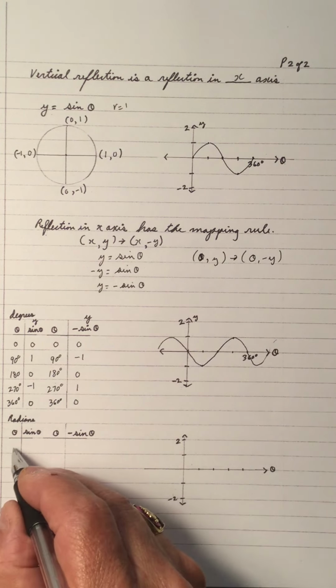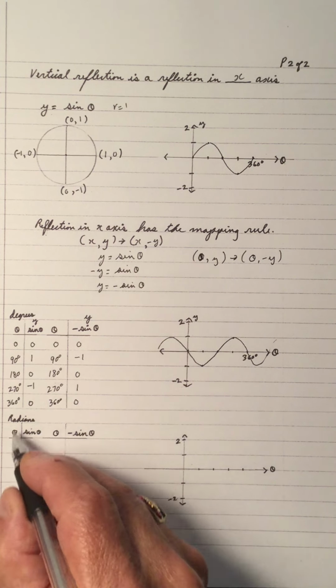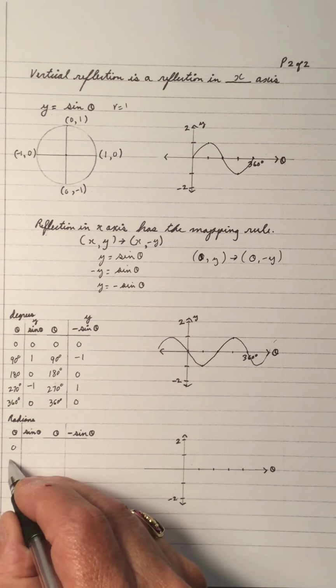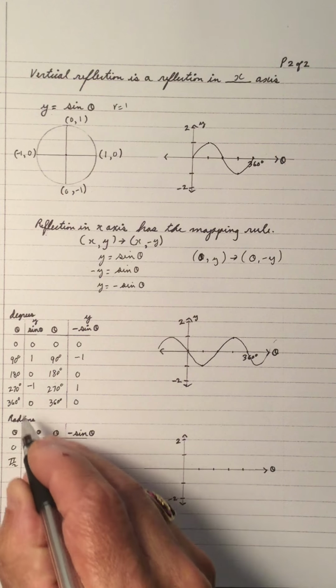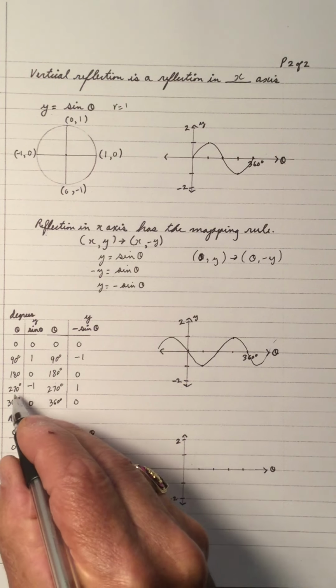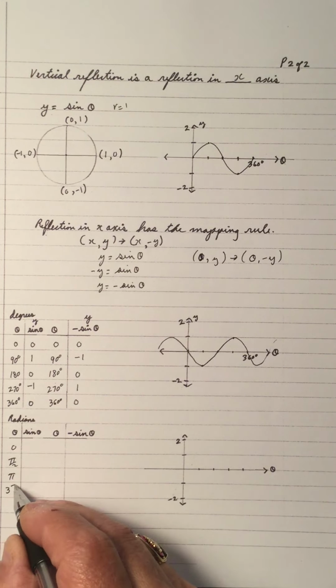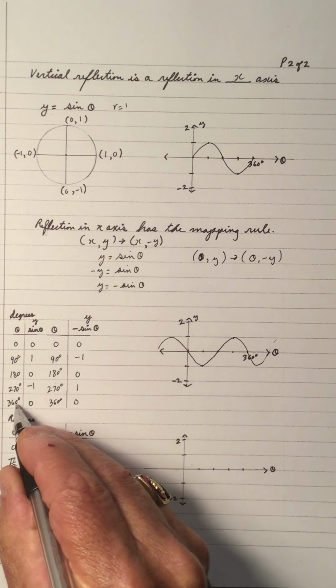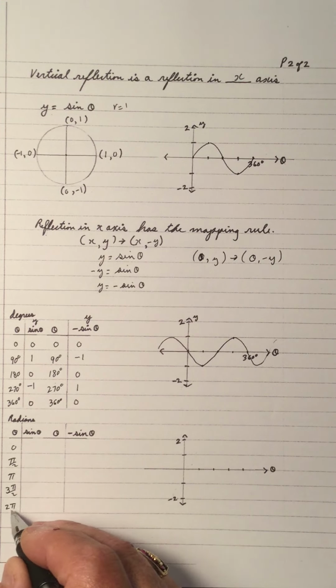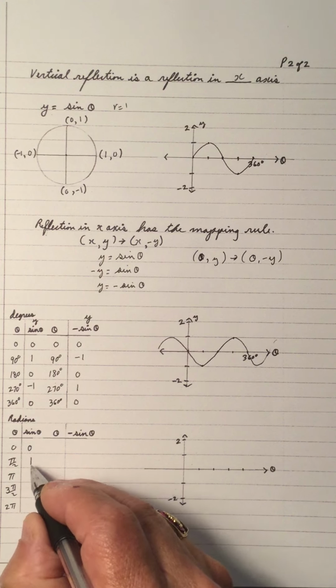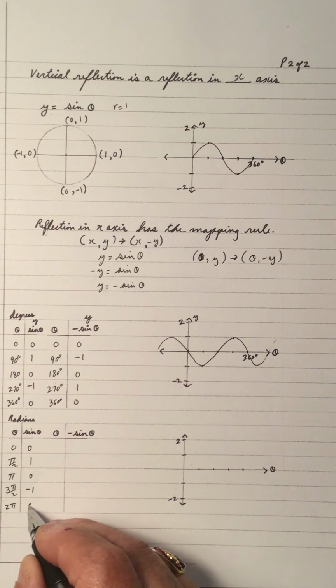And in terms of radians, 0, 90 is pi over 2, 180 is pi, 270 is 3 pi over 2, 360 is 2 pi, and the values are 0, 1, 0, negative 1, 0.